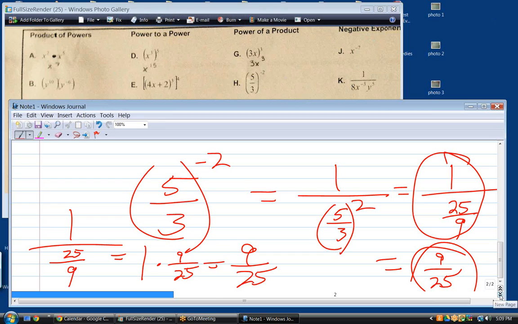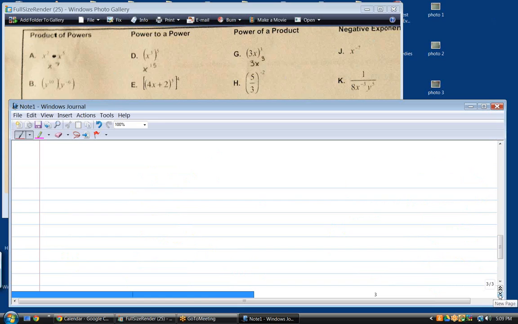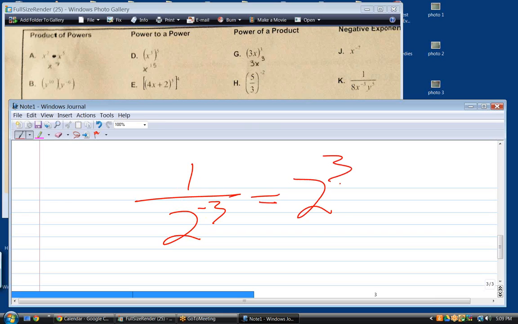All right, let's look at K. Now, let's talk about this situation. If I had 1 over 2 to the minus 3, whenever I have a negative exponent, as long as I move the whole thing to the other side of the fraction bar, that's the same as that.